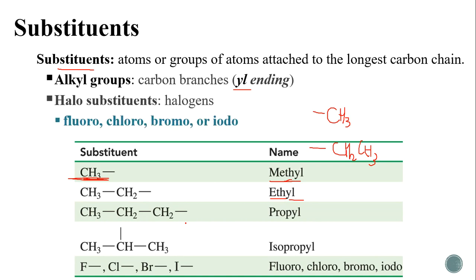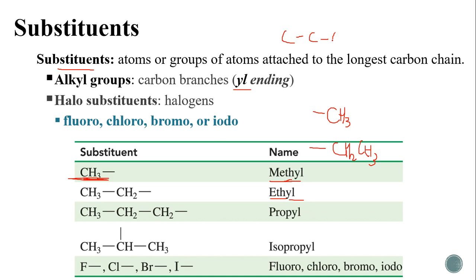The second type of group that we're going to add to the carbon chain is what we call halo substituents. Halo substituents are adding a halogen to the chain, replacing one of the hydrogens with a halogen.